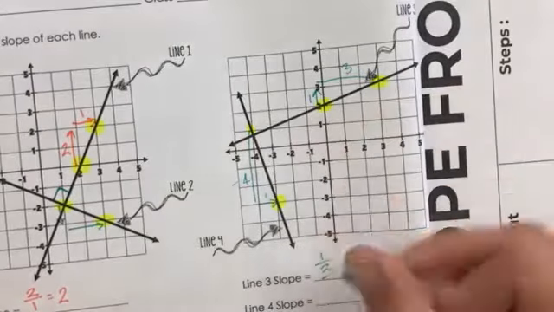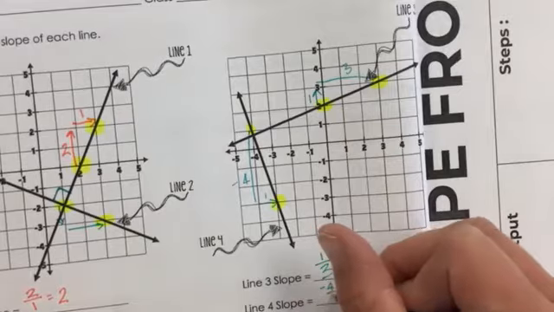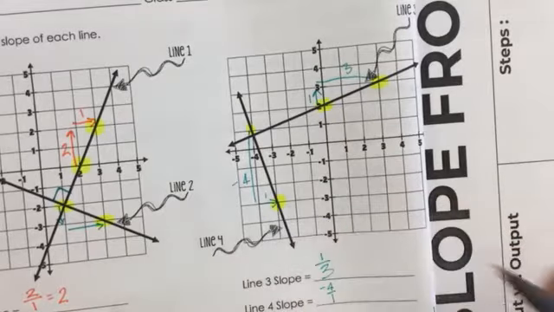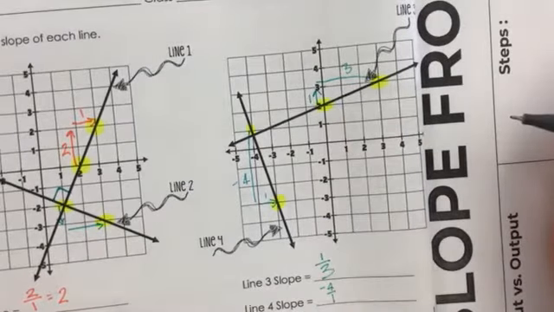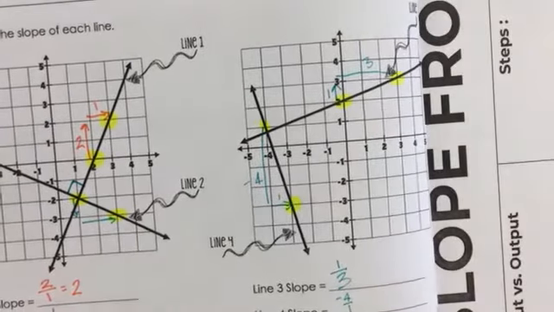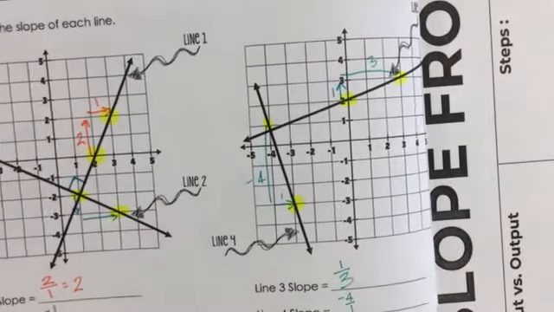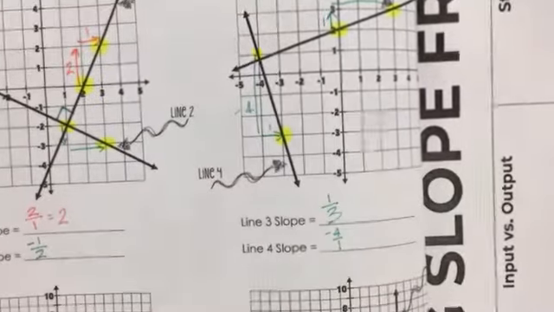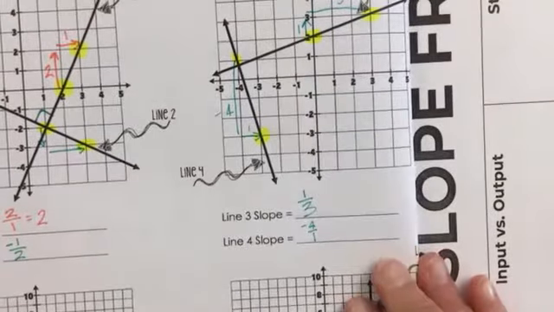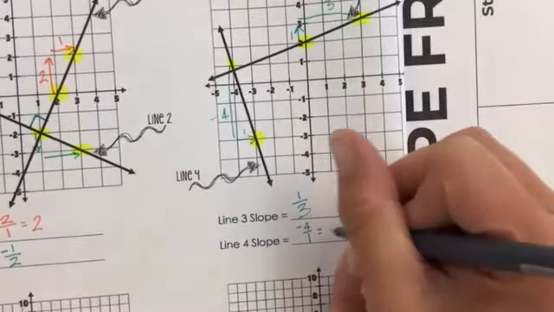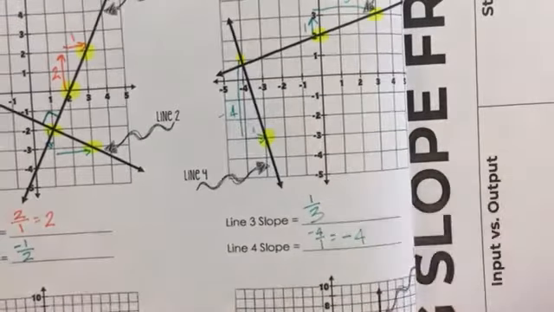Negative 4. Yep, you're right. Negative 4. Positive 1. I moved right, and that's a positive. Okay. Any questions on that one? You could use that as a negative. Yep. If you want to just write this as a negative 4, go right ahead.